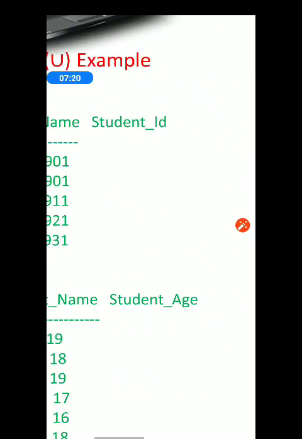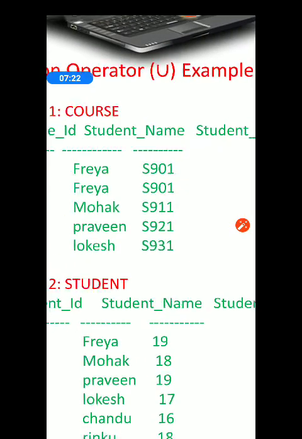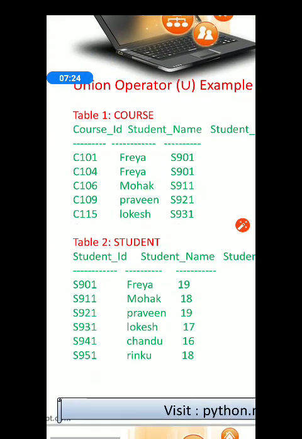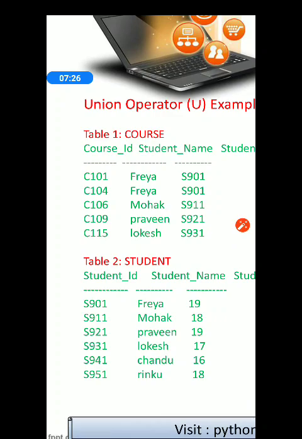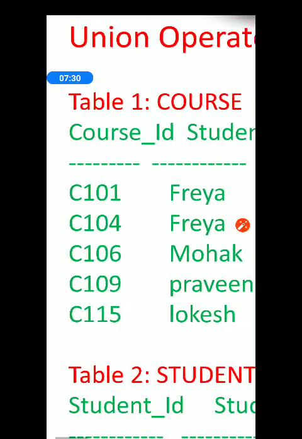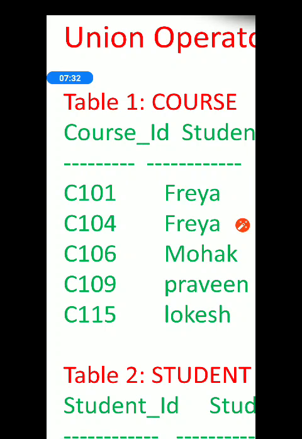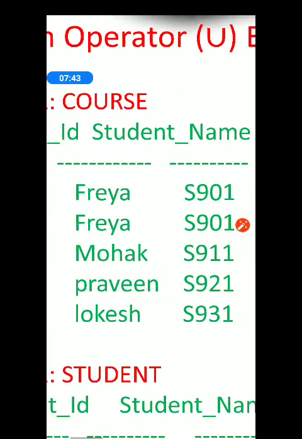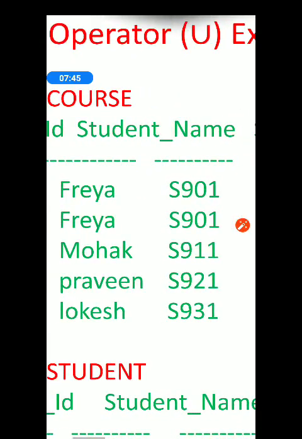Students, please note down the course table in your copy. Under course ID the fields are like this: C101, C104, C106, C109, C115, and under student name we have Freya, Mohak, Praveen, Lokesh.